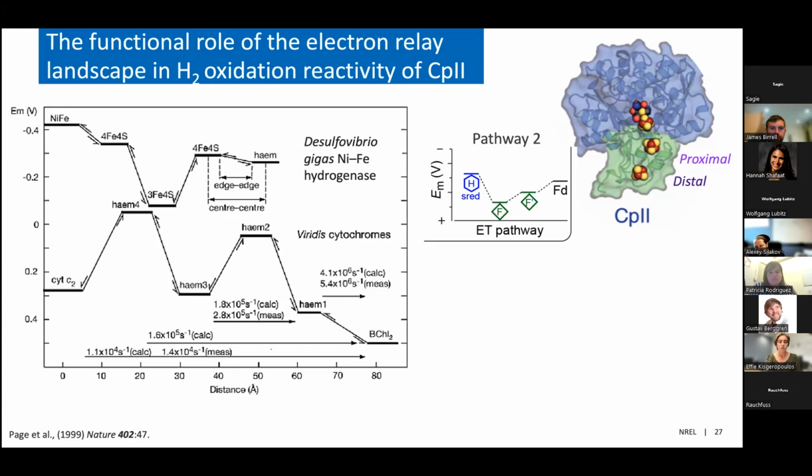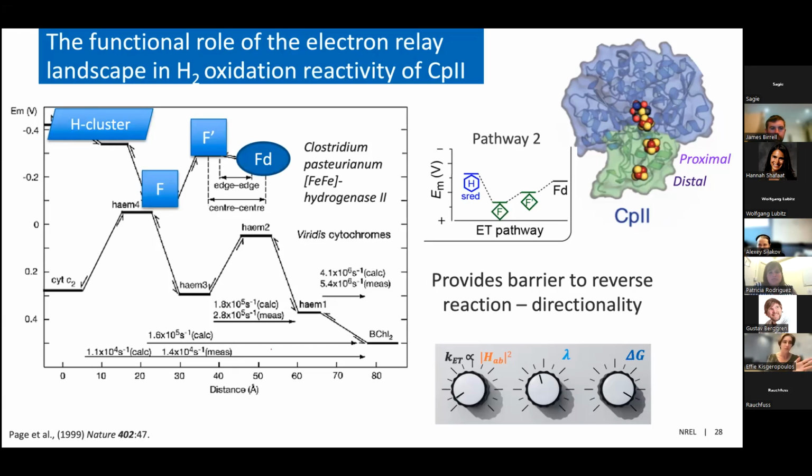So we can try and map now, very crudely, what this pathway 2 could look like on this scheme, where we have our H cluster, and this high potential cluster now in between the H cluster and the distal cluster. It follows a similar scheme to what you see in this nickel iron hydrogenase.